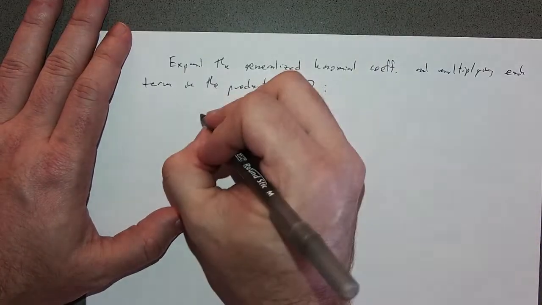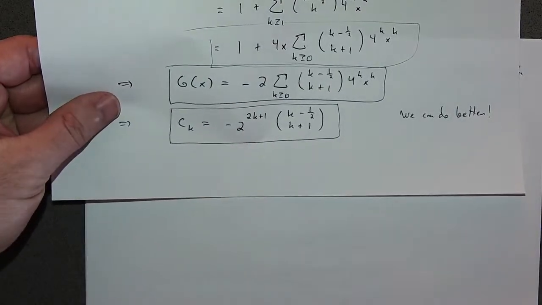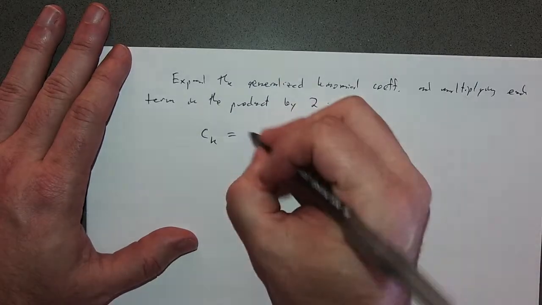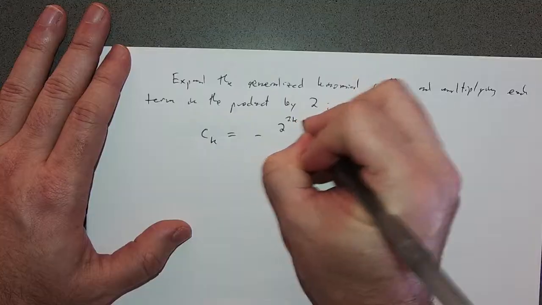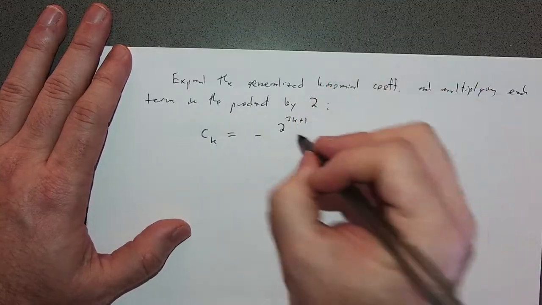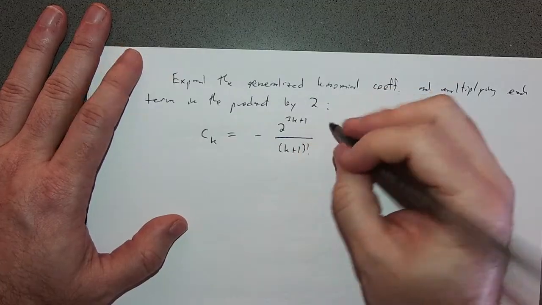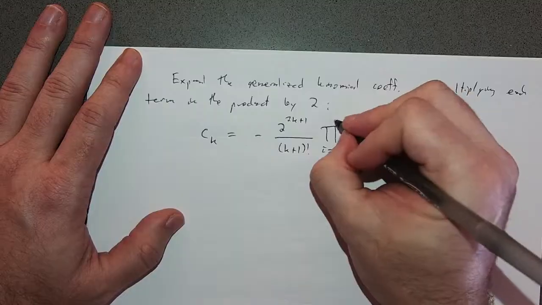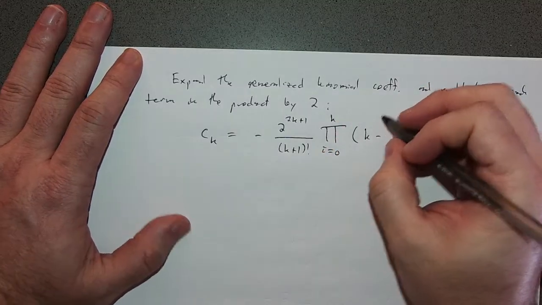What do we get? So C sub k, we wrote it as this thing before. Another characterization is this is minus 2 to the 2k plus 1 over k plus 1 factorial times the product from i equals 0 to k of k minus 1/2 minus i.